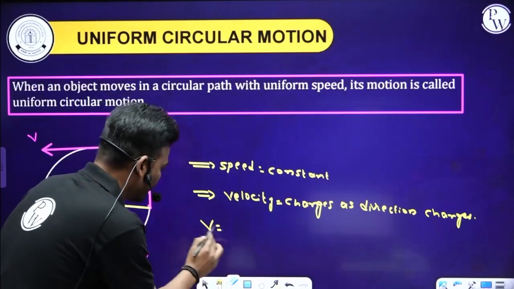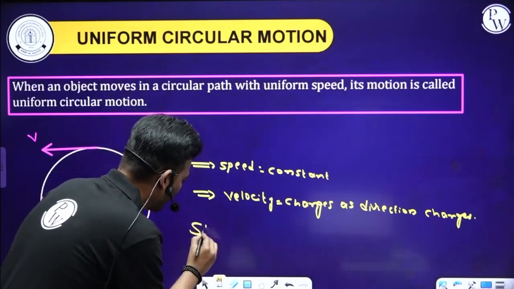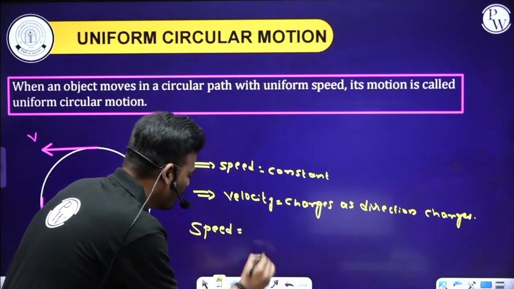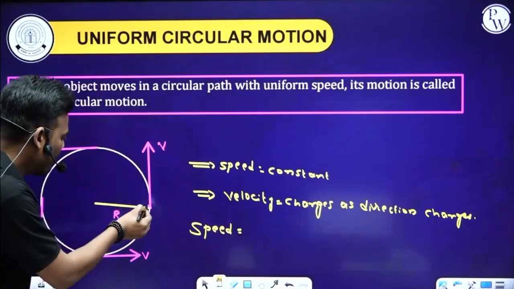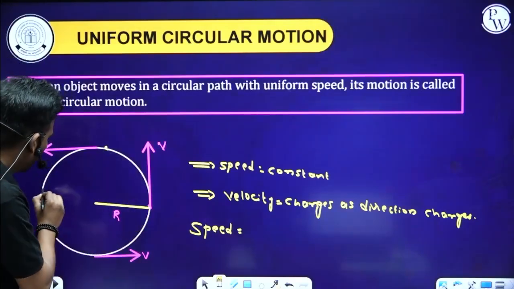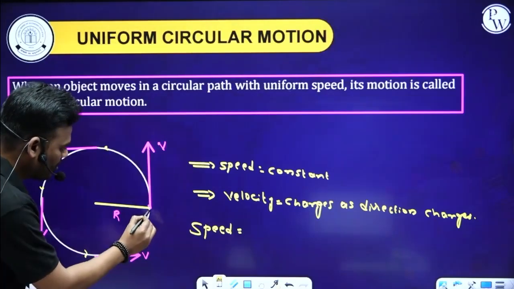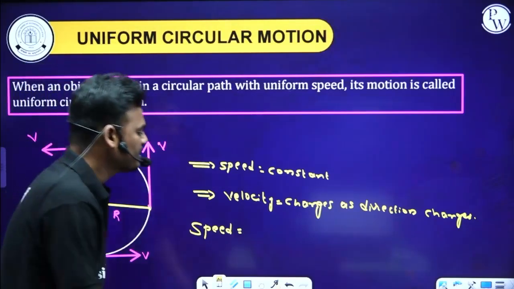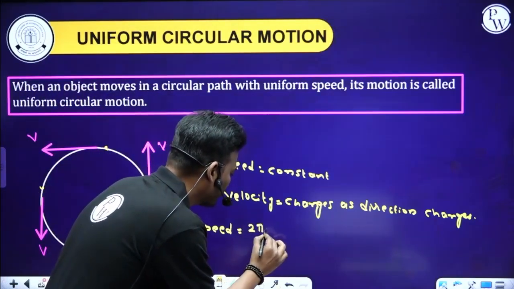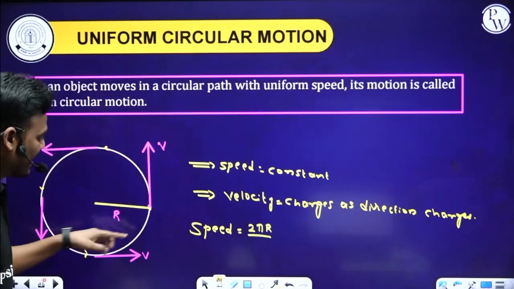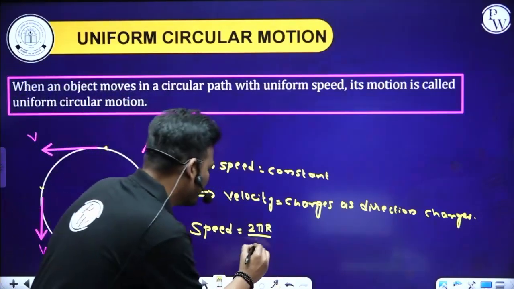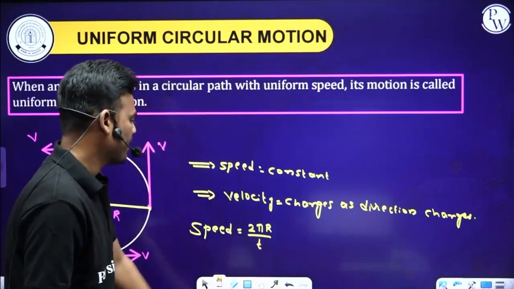If I want to calculate speed, what is the formula? Distance divided by time taken. After one complete circle, one complete round, what is the distance? That is 2 pi r. Sir, how does it become 2 pi r? Because the circumference of a circle is the total distance traveled, and this is the time.